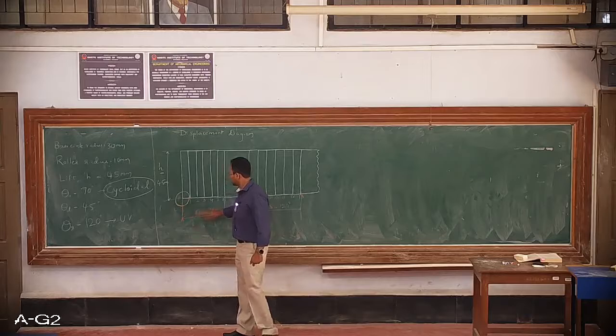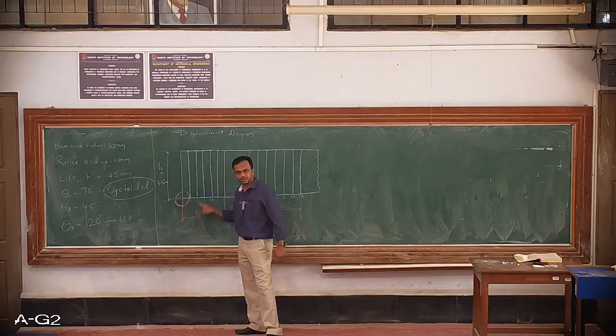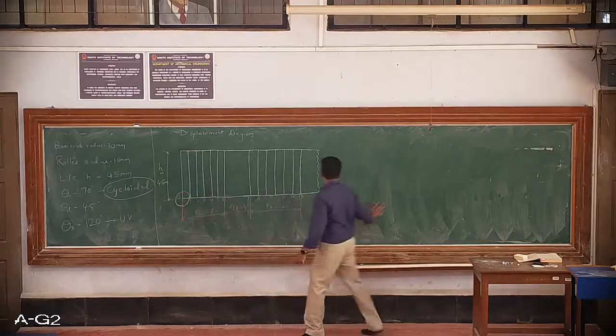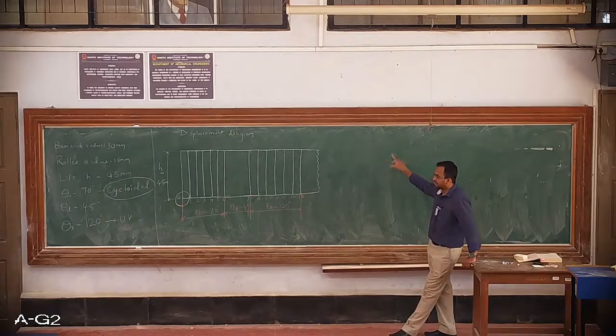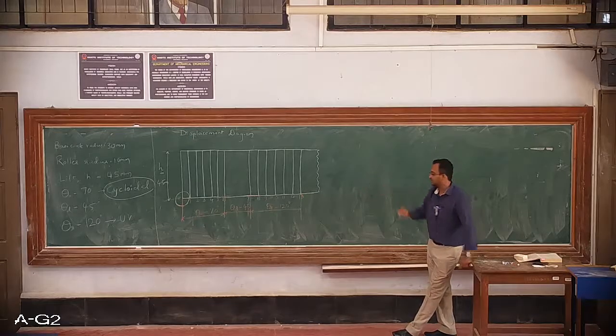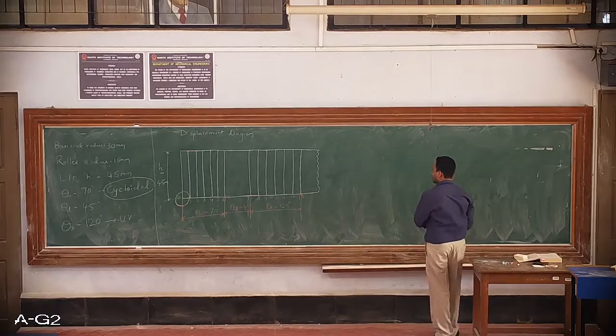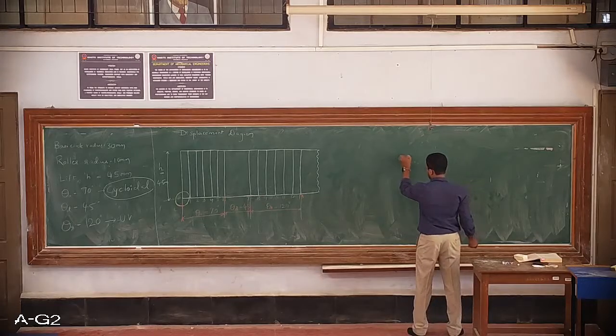So temporarily I'll just zoom into this particular area and draw it here, and I'll explain the steps of what has to be done with that circle, and then I'll implement the drawing in the main displacement diagram. So just let me zoom this. This is the rolling circle.